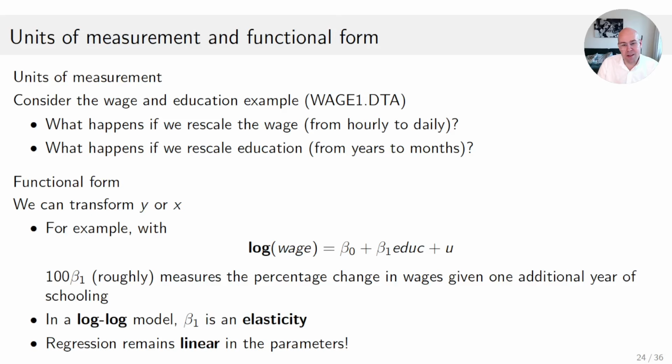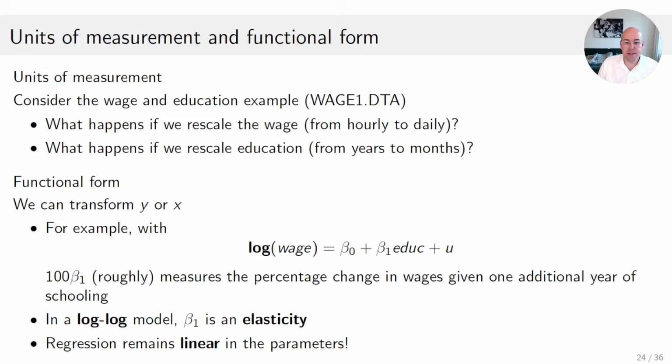So let's say somebody works 8 hours a day. So then what that would do is it would basically take that whole equation and multiply the left-hand side by 8. So what that means is that the intercept will be multiplied by 8, and at the same time the coefficient on education will be multiplied by 8.